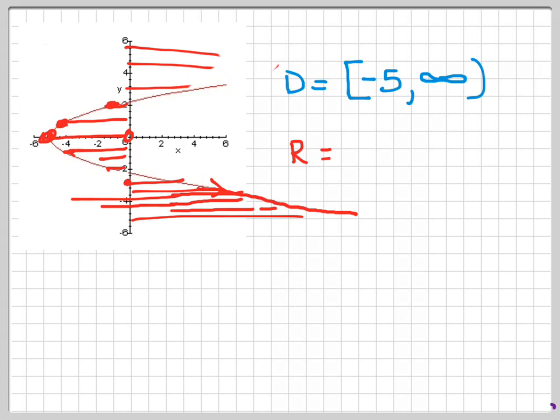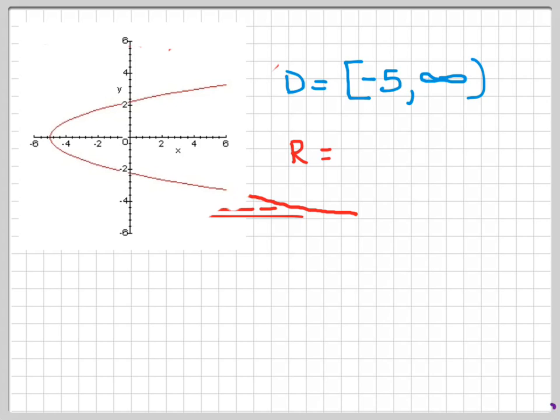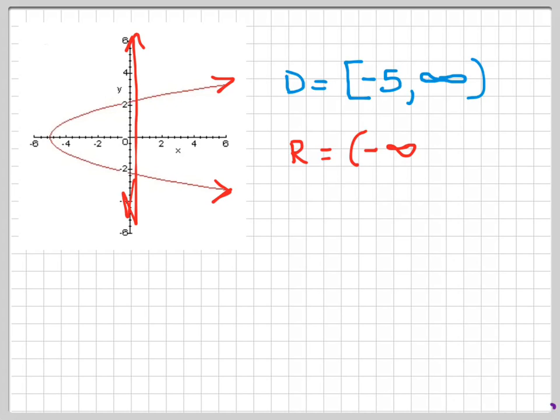Now because of that, since every single y value gets used in constructing this parabola laying on its side, we have to tell the person who looks at it that, hey, your range, your y values used, are every single value. There's a couple ways to do that. In interval notation, we just say the y's up and down go from -infinity all the way to positive infinity.